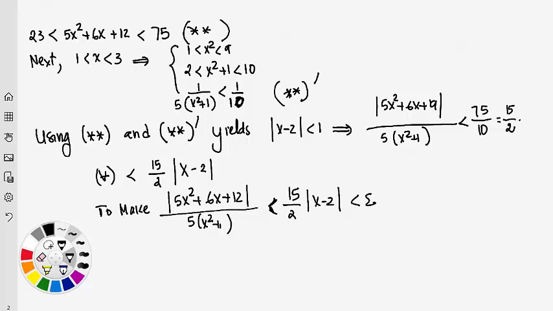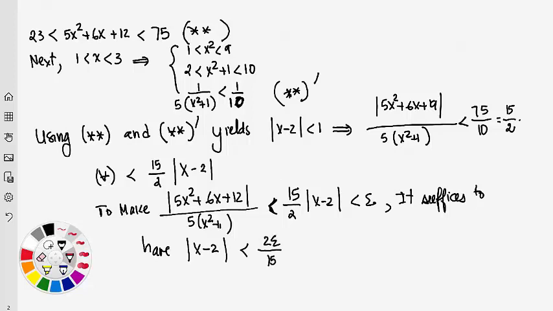To make this expression less than epsilon, it suffices to make sure that the distance between x and 2 is no more than 2 epsilon over 15.